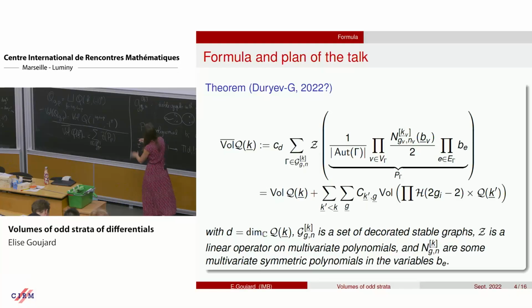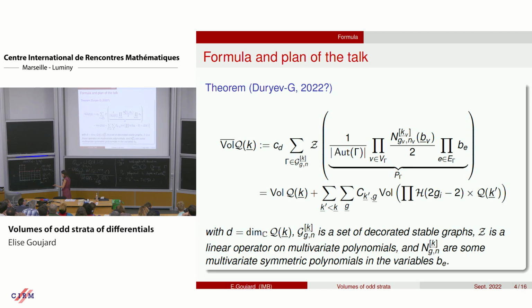So basically, this is the first line of the formula. And then the second lines just tell you that actually this sum doesn't give you the volume of the stratum, but it gives you the volume of the stratum plus some additional terms that I will explain later.